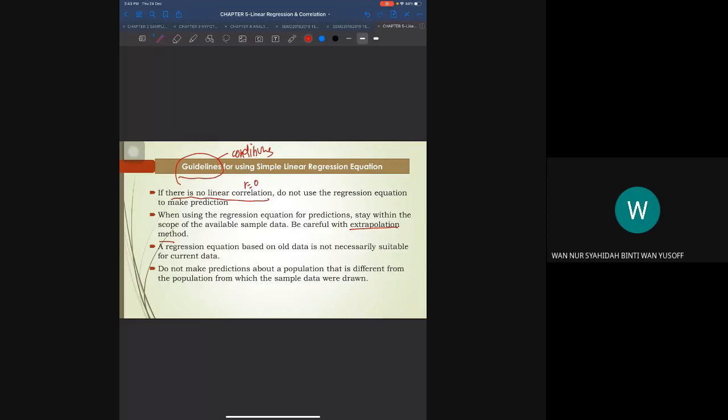A regression equation based on old data is not necessarily suitable for current data. It means that if you need to predict something in the current situation, we cannot use an equation based on, for example, 10 year old data. Do not make predictions about a population that is different from the population from which the sample data were drawn.